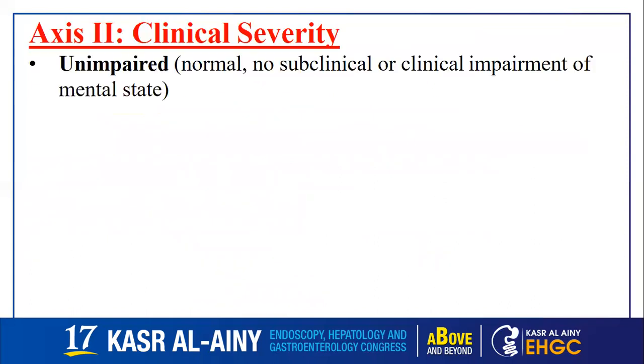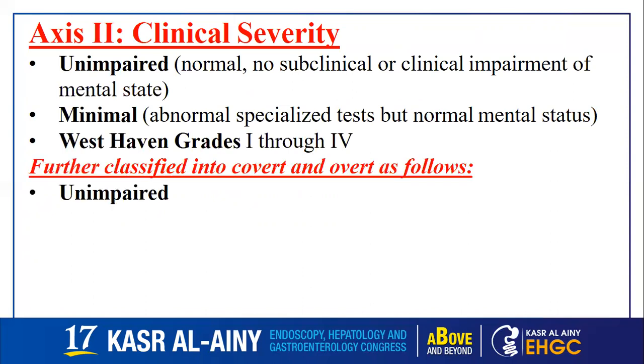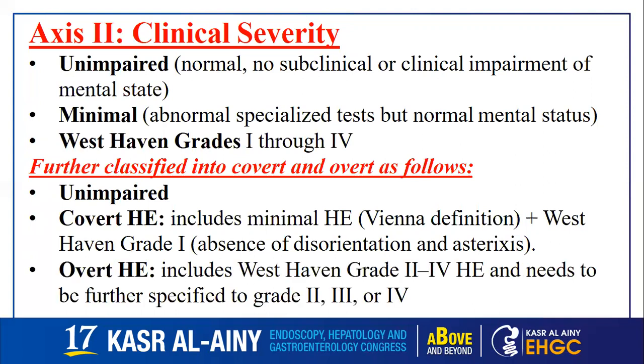Axis 2, the clinical severity, which is similar to the previous West Haven, where there is unimpaired, minimal, and the West Haven classes we all know. These are sub-classified into unimpaired, covert, and overt hepatic encephalopathy. Covert hepatic encephalopathy includes minimal hepatic encephalopathy according to the Vienna definition, plus West Haven grade 1 in the absence of disorientation and asterixis.